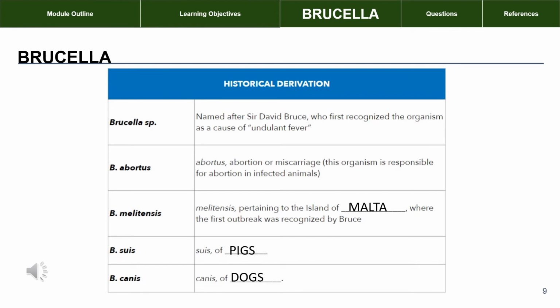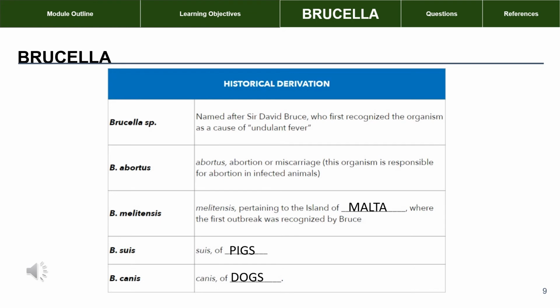Then we have Brucella abortus, abortus meaning abortion or miscarriage. This organism is responsible for abortion in infected animals. Then we have Brucella melitensis. Melitensis pertains to the island of Malta, where the first outbreak was recognized by Sir David Bruce.